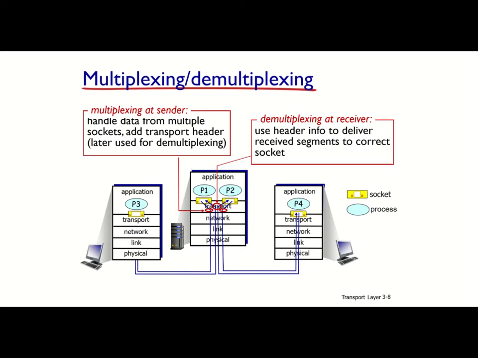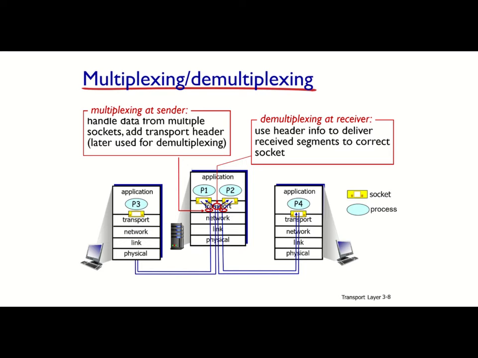Now let's think of the receiving side. Again, let's assume that we are talking about the middle host, because in the middle host we are running multiple processes. In the middle host we have two processes, P1 and P2. P1 wants to receive messages from P3, and P2 wants to receive messages from P4, right?